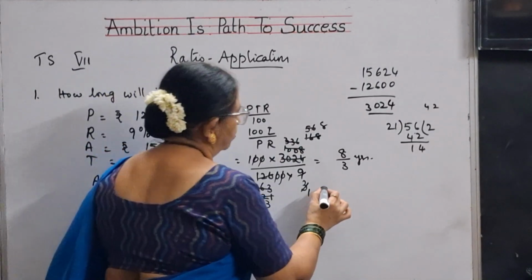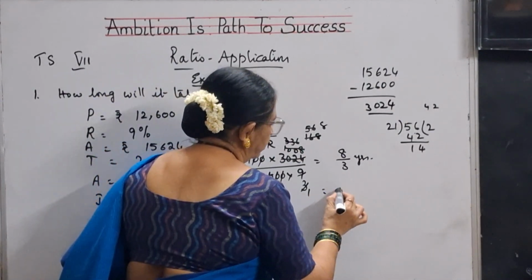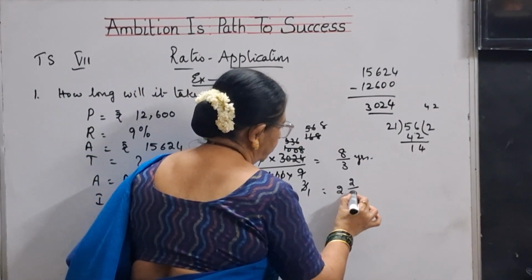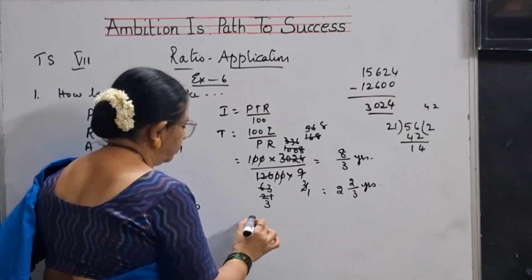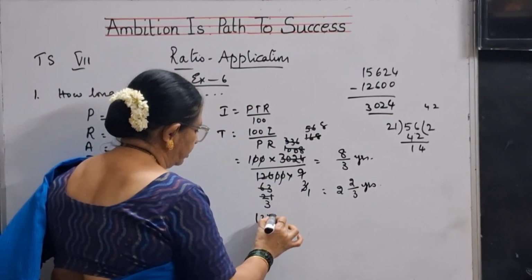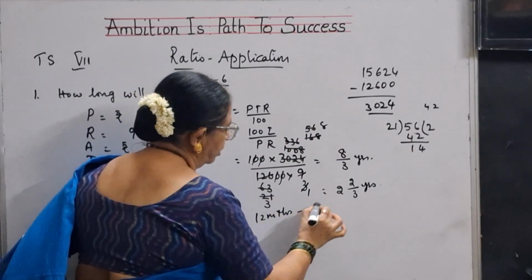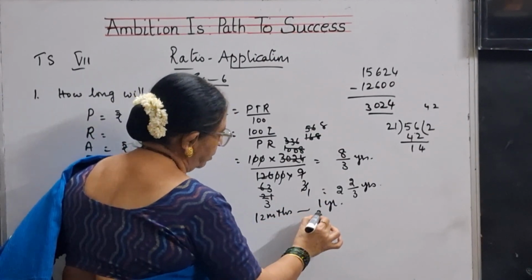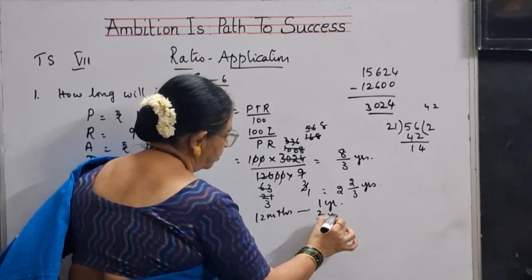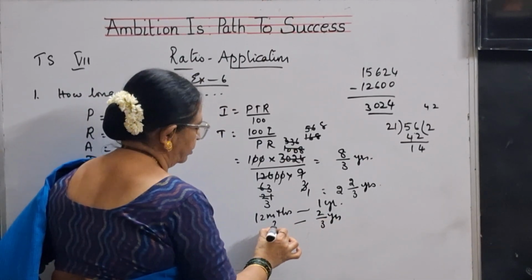8 by 3 years means how much, children? 3 twos are 6, 2 by 3 years. And we know that 12 months make 1 year. So 2 by 3 years make how many months?